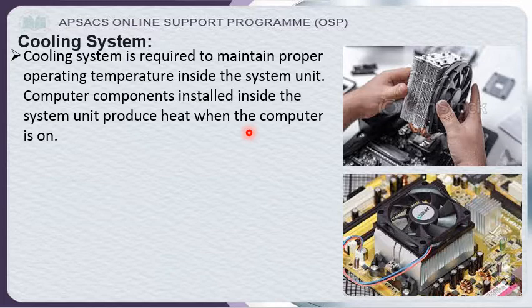Whenever electricity is utilized anywhere, it will automatically produce heat. So that heat needs to be taken out from your system. For that, a proper cooling system should be maintained to reduce the temperature inside the system unit.